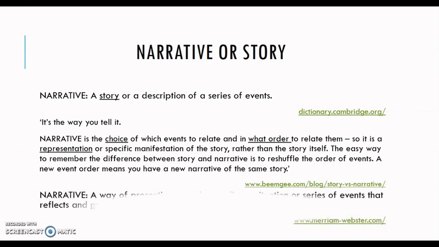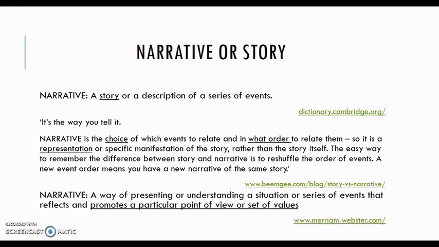So it basically agrees with what Merriam-Webster says, that a narrative is a way of presenting or understanding a situation or series of events that reflects and promotes a particular point of view or set of values. So it adds more to what a narrative is.